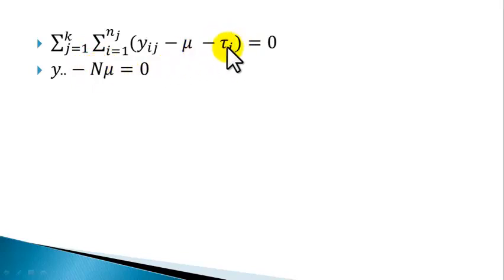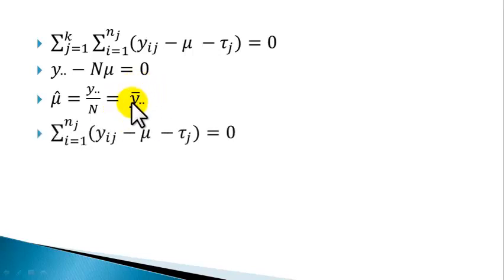And when you sum tau j as j goes from 1 to k, by assumption, that summation is 0. Then we equate this to 0. So that will give us y dot dot minus N mu equals 0. Solving for mu, that will give us mu hat, the estimate of mu, equal to y dot dot all over capital N, and that is equal to the grand mean.